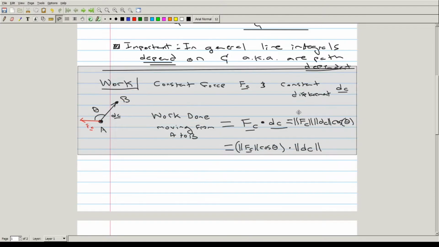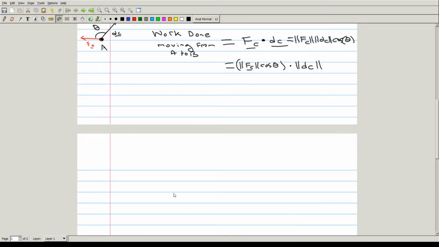In the more complicated scenario, we're moving from point A to point B along some possibly very complicated path, and for every single point on the path the force might be pointing in a different direction, and also have a very, very large or very, very small magnitude depending on the force field that we're moving through.